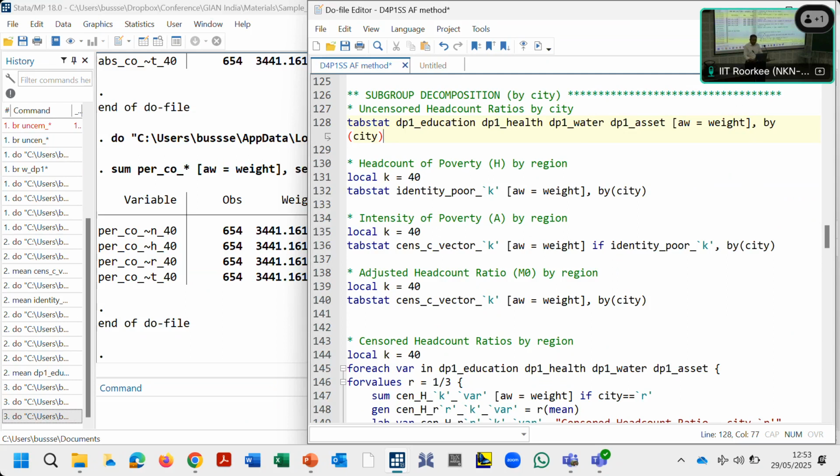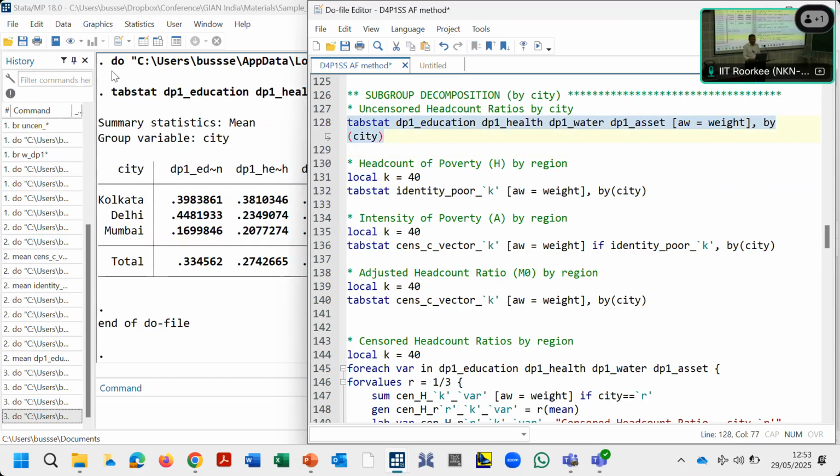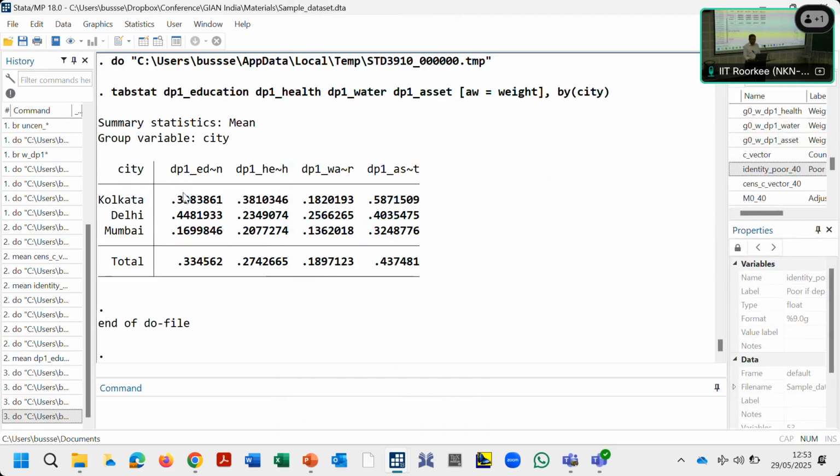Anyway, if you could just do tab stat just to understand how these different cities are doing, this is kind of what you get. These are the deprivation uncensored headcount ratios across different cities. This is the picture you get probably.